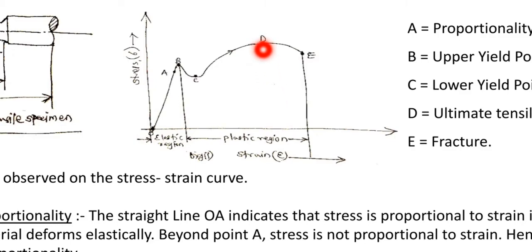D is known as the ultimate tensile stress or ultimate tensile strength. At point D, the stress is maximum and strain is also maximum. When the force is continuously applied, we reach point E where the specimen fractures or breaks. So E is known as the fracture point or breaking point.